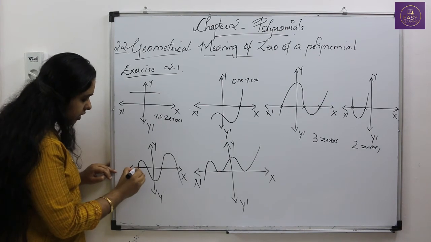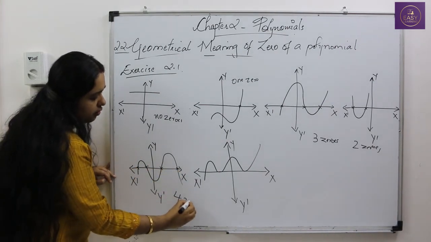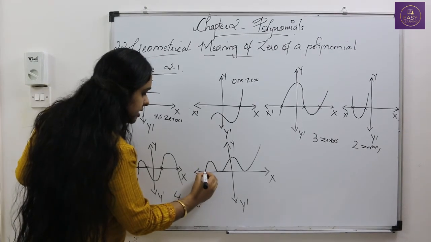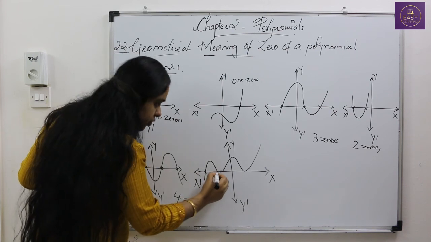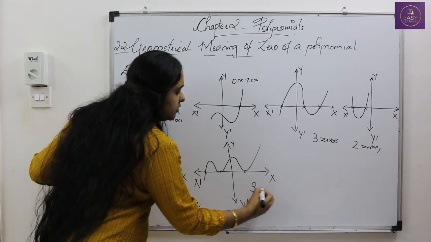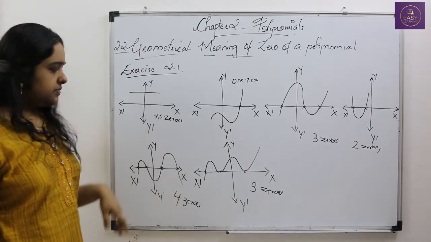Isn't it? So there are 4 zeros. Whereas in this, 1, 2, 3. So 3 zeros. Very easy. Is it clear?